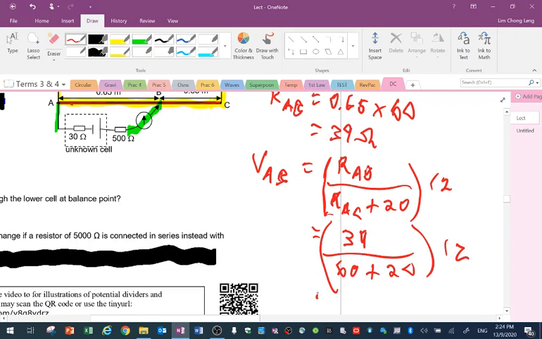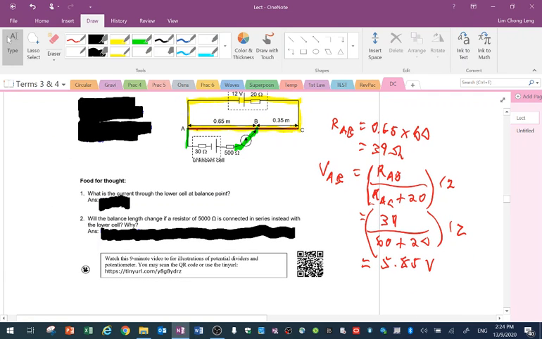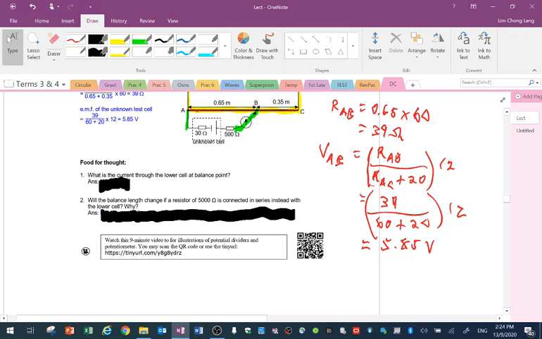If you make the calculation, that will be 5.85. So that is the PD across AB, and this PD across AB is equal to the PD of the unknown cell V.